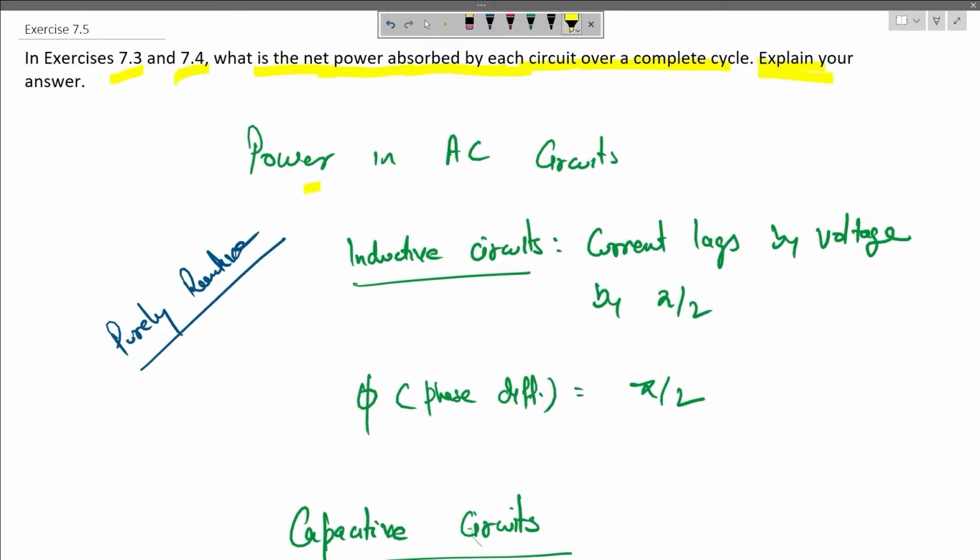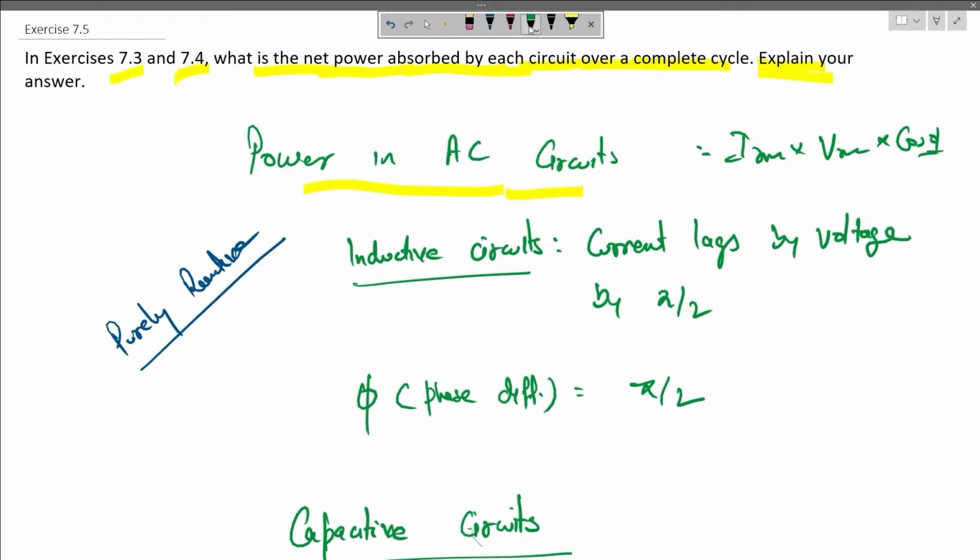Now we know that power in AC circuit is given by the formula IRMS multiplied by VRMS multiplied by cos phi, where phi is the phase difference between the source and the circuit.